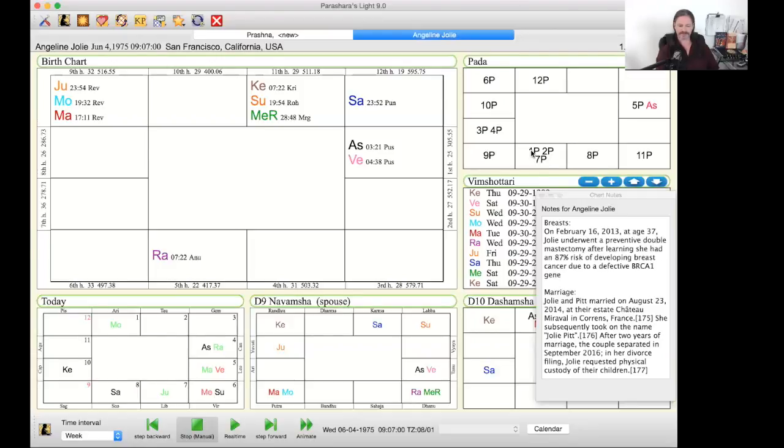And then, as we said, the 1st and 7th house pada here in the 5th house in Scorpio. 8th house pada in the 4th house of Libra, and the 1st, 7th and 2nd house pada in Scorpio. So we're going to be looking at Saturn's transits through these two houses of Scorpio and Libra.